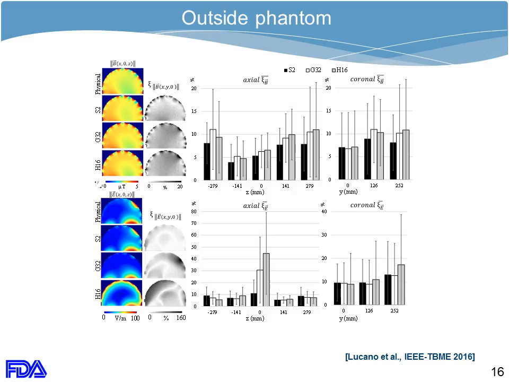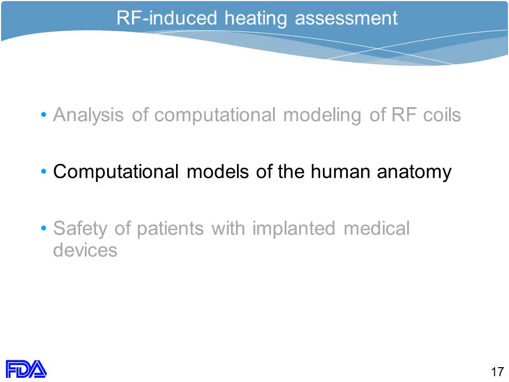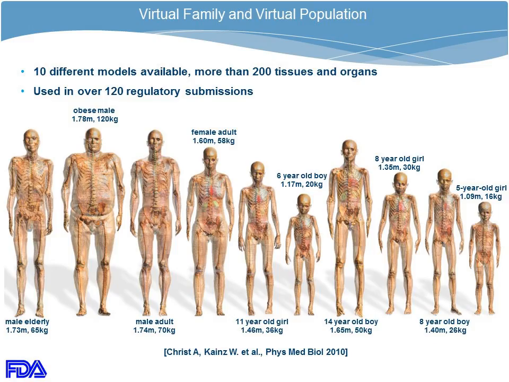This was about one of the elements, the coil. Another area of research is regarding the human anatomy. There has been an ongoing effort in our division, led by my colleague Dr. Wolfgang Kainz.